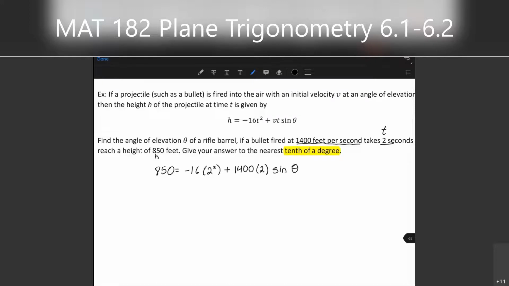We want to find that angle of elevation of the barrel. The angle of elevation we're going to be searching for is going to be some acute angle.